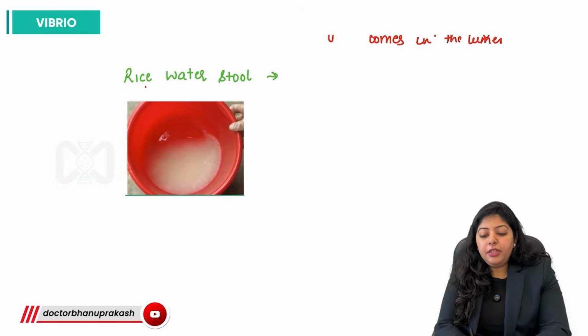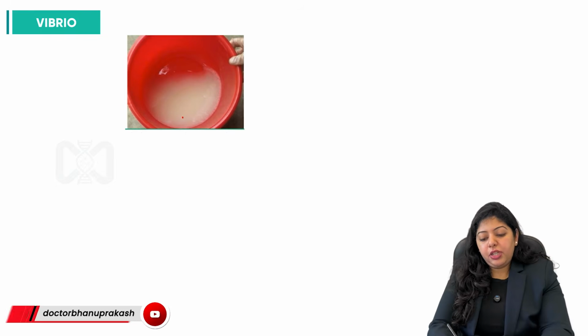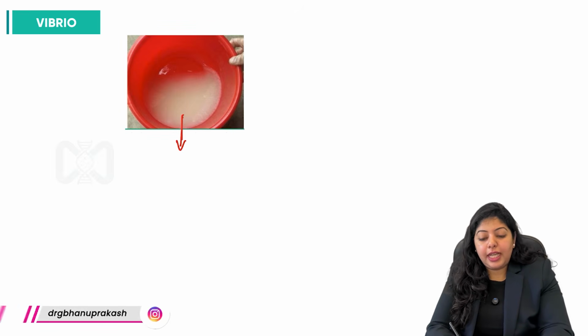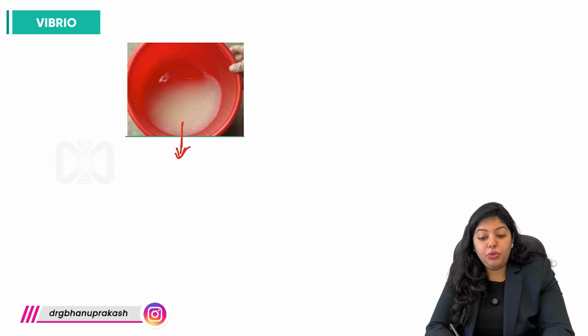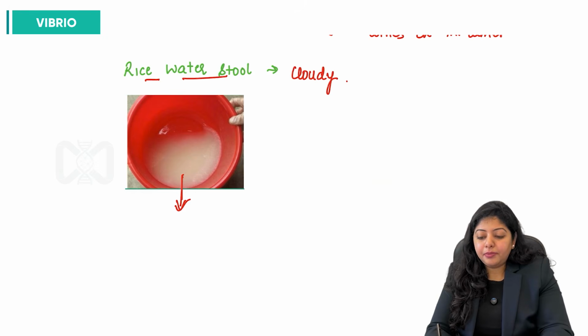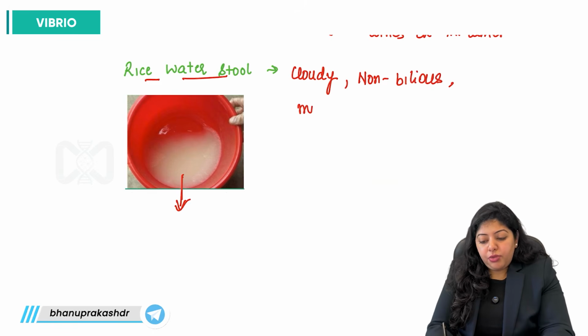And the typical rice water stool, how we describe rice water, and this picture shows that as if the rice has been washed away and the remaining water looks exactly like this, and the stool also looks like this. So it is going to be cloudy stools, non-bilious, and mucus flakes would be present.